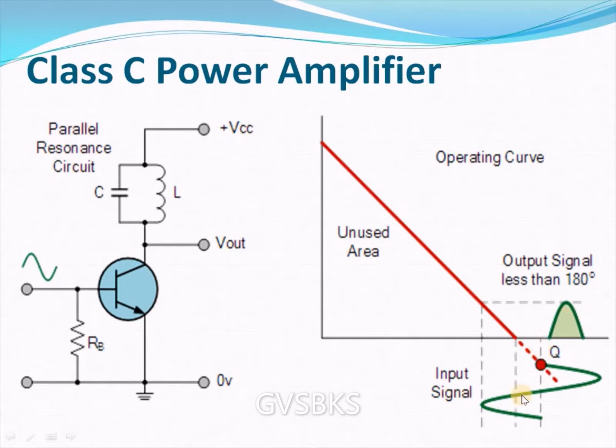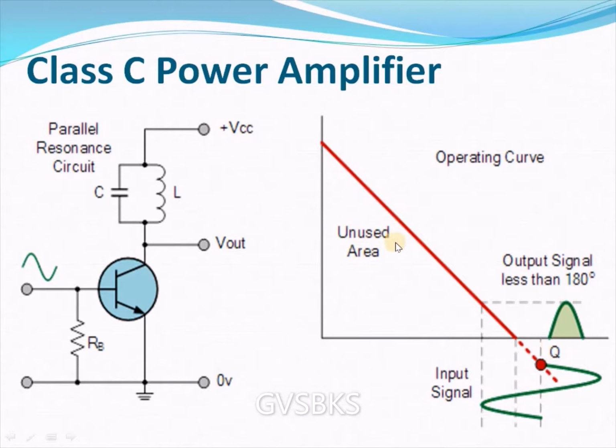This is the exact midpoint of our input signal, this is one half cycle and this one is the other half cycle. This region covers less than half cycle of our waveform, so only this portion is getting reproduced.